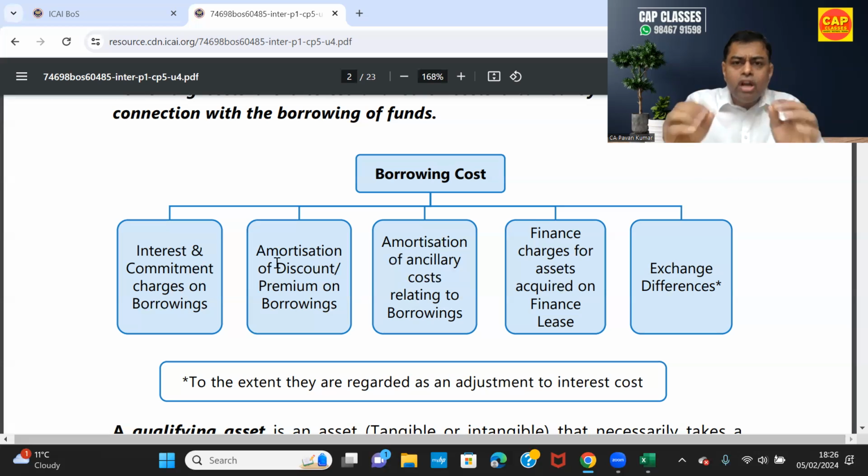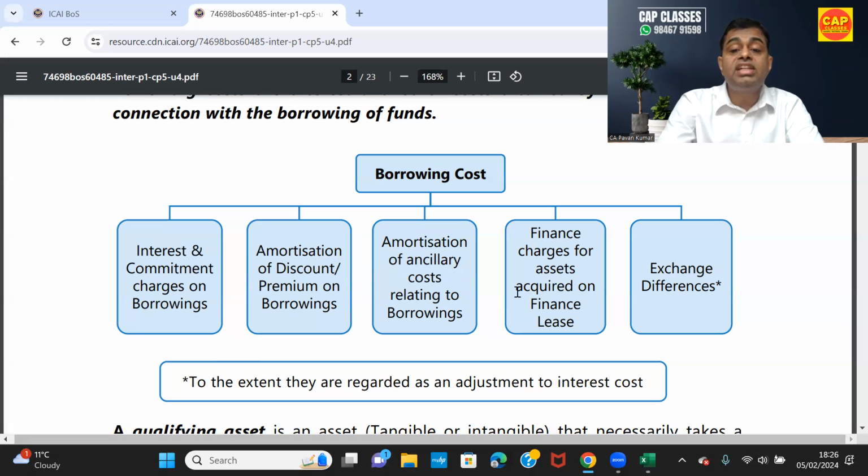If you remember that formula, it is the same. Then amortization of ancillary costs relating to borrowings. So you have incurred some expenses on debentures for 10 years, and you will amortize that cost over 10 years.